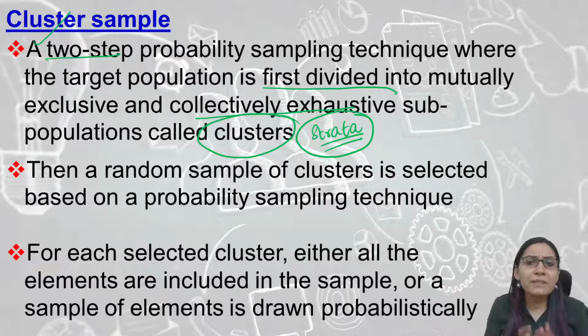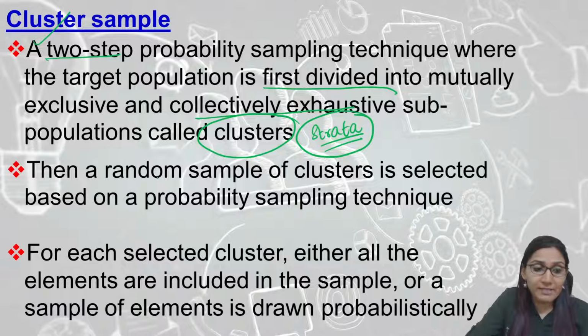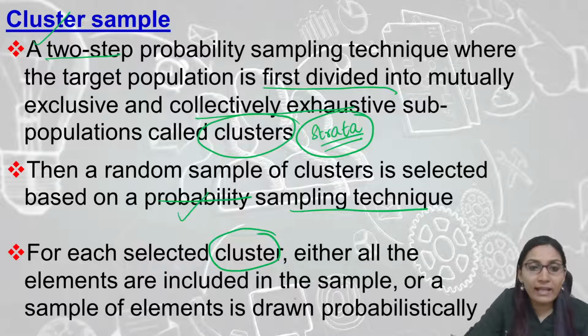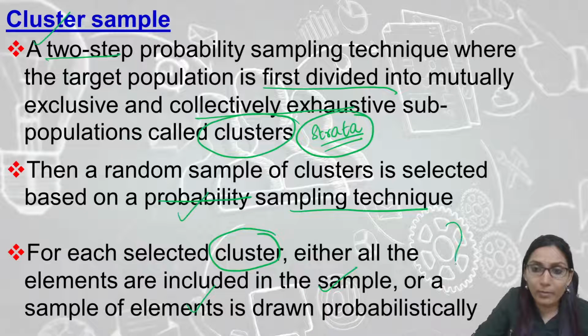Then a random sample of clusters is selected based on probability sampling techniques. So after clusters are made, a random sample of clusters is selected. For each selected cluster, either all the elements are included in the sample or a sample of elements is drawn probabilistically.